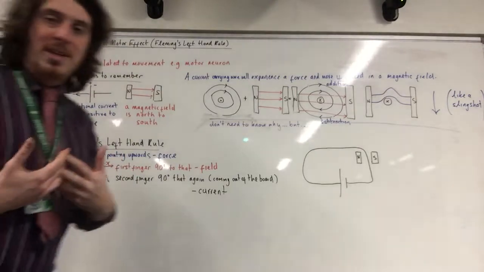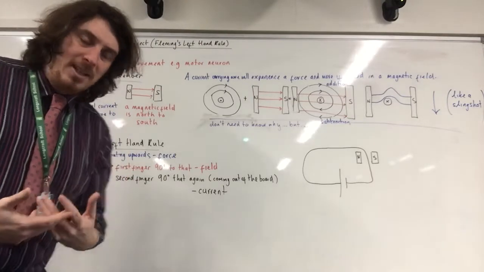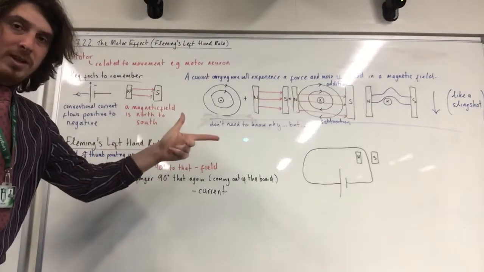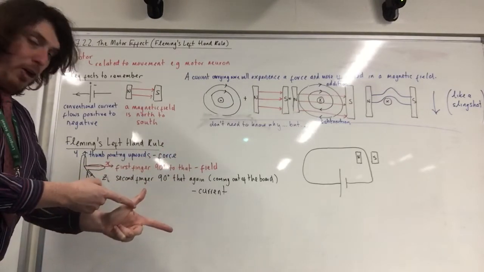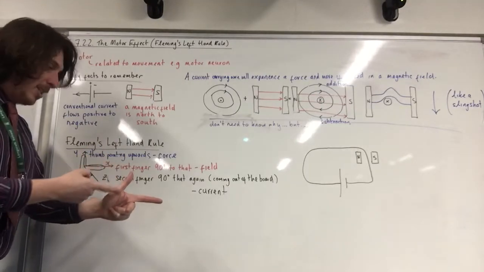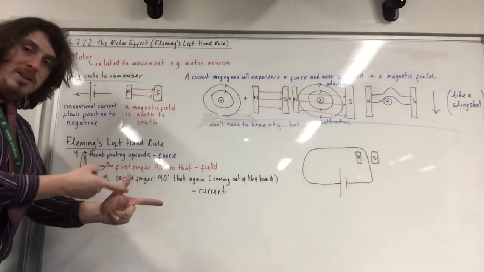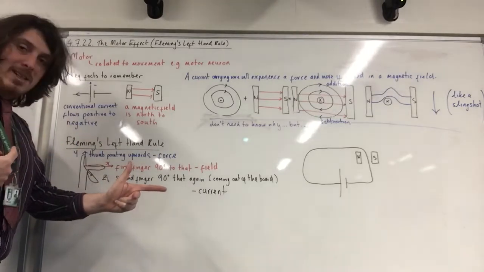So we need to be able to now predict the direction of movement, and that's where the GCSE basic science comes in. We use something called the left-hand rule, okay? So the thumb points upwards, that represents the force. So that represents the movement or the direction that the wire moves in, and that is operating on the y-axis.